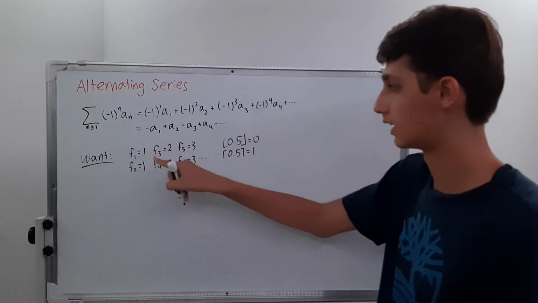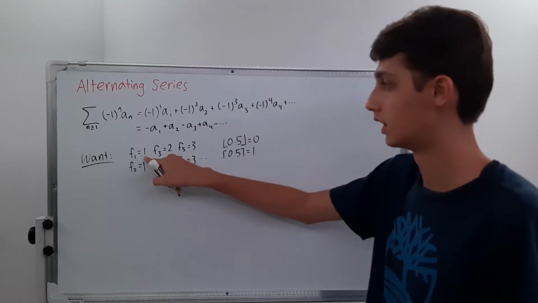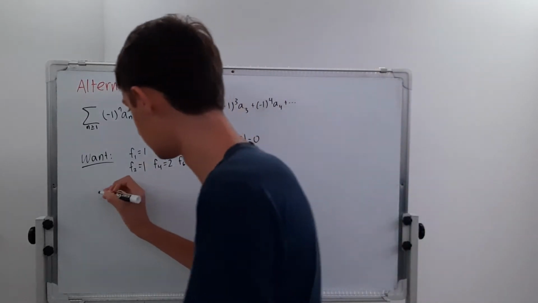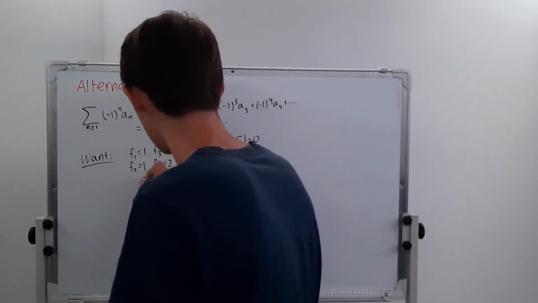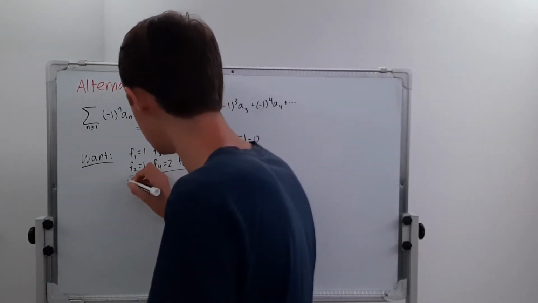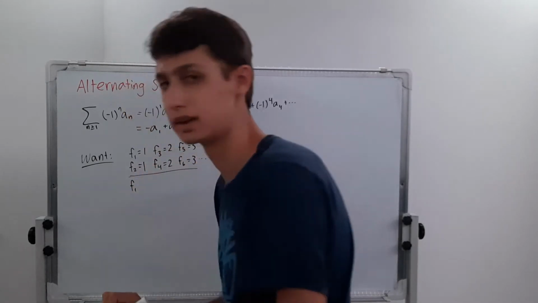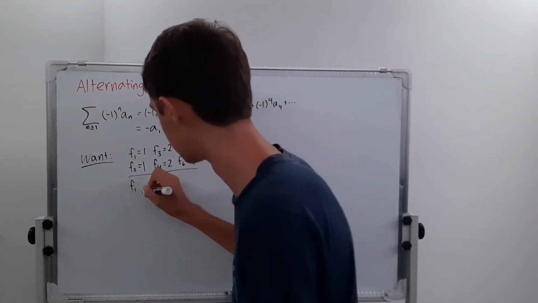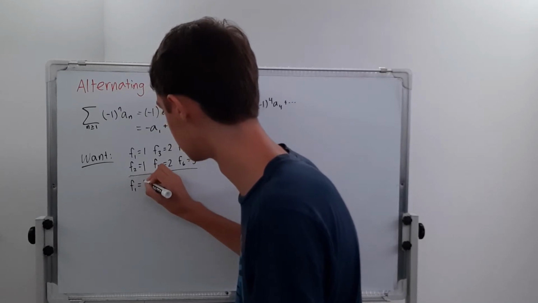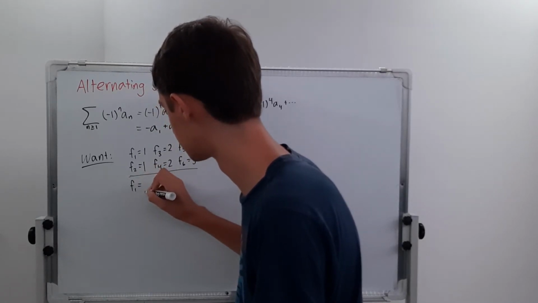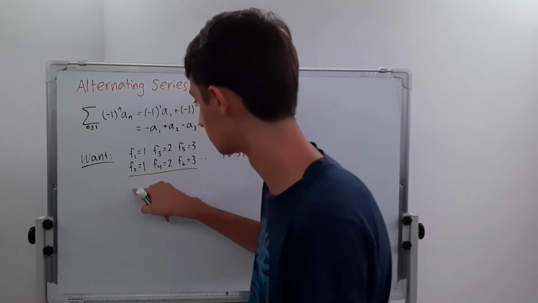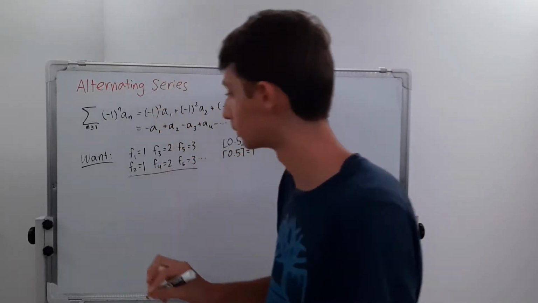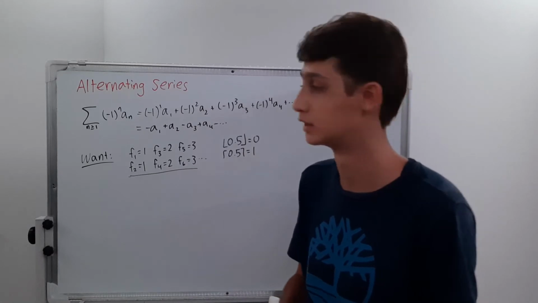So what if we had this term as our first term, our f1? Let me draw a better line. Okay, there we go. We can say our f1 is equal to 1. What if we take the floor of all those functions, basically?